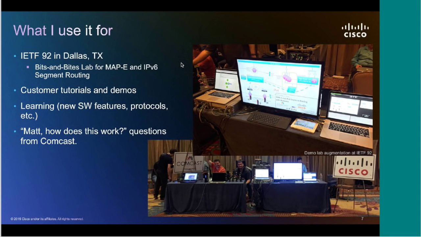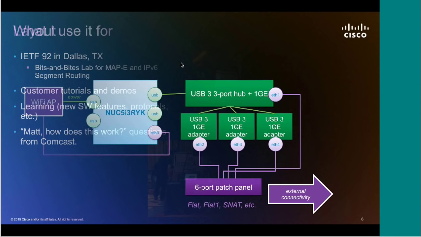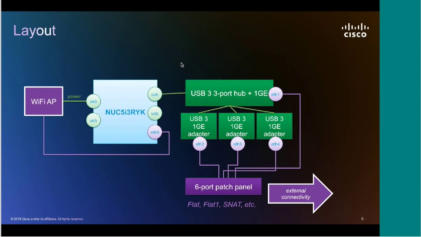Yeah, I mean, really, there's nothing inherently special about using NUC for this, but it's just to point out that even a very small form factor, small amount of memory mini server can be useful for VIRL.